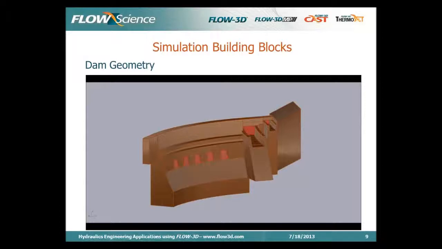Again, the format to import into Flow 3D is the STL format, but I don't know of any CAD package that does not export to STL, so everyone ought to be in good shape in that respect. But these are things that happen upstream, so to speak, from your simulation workflow before you open Flow 3D.